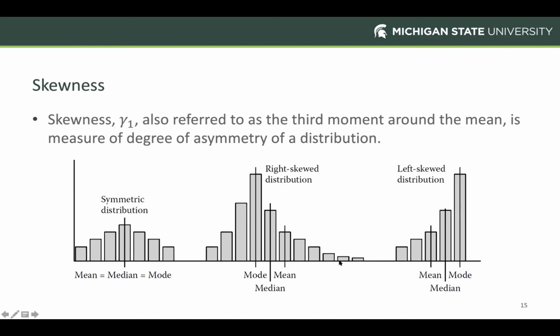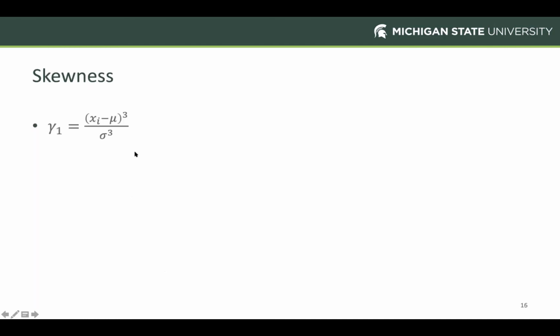And so depending upon where that cluster of larger values occurs, if it occurs on the right, we refer to that as right skew or positive skew, because that distribution is tending to be skewed in the positive direction. And in contrast, if those extreme values are occurring on the left side, we refer to that as a left skewed distribution or a negatively skewed distribution, okay?